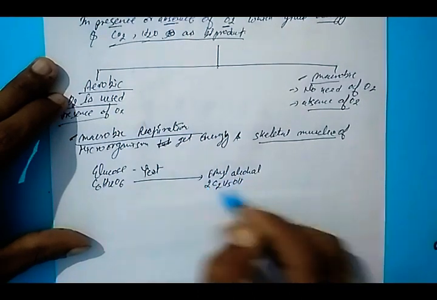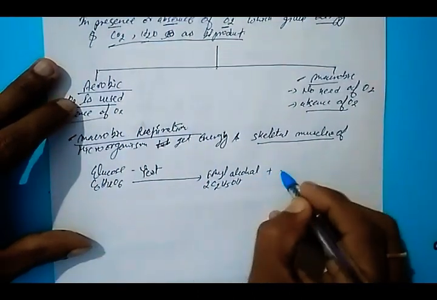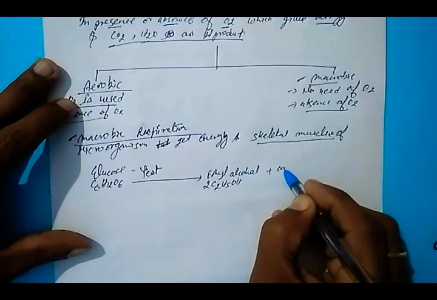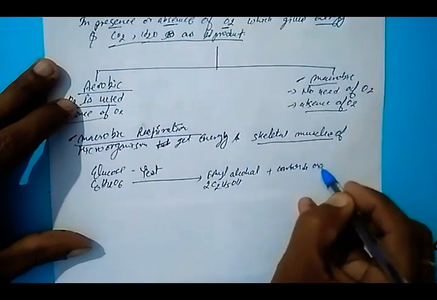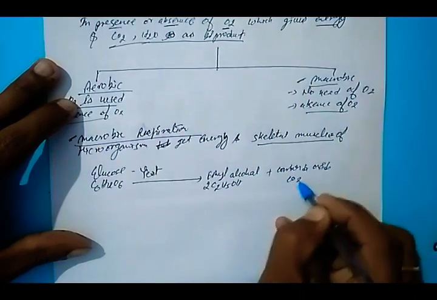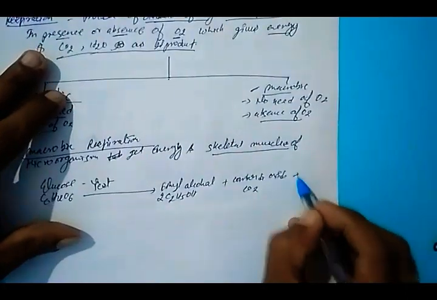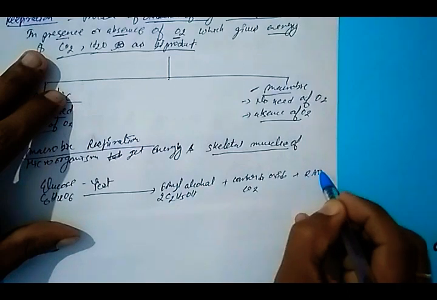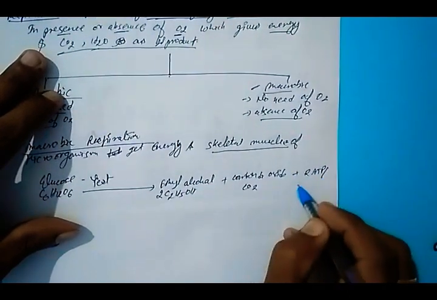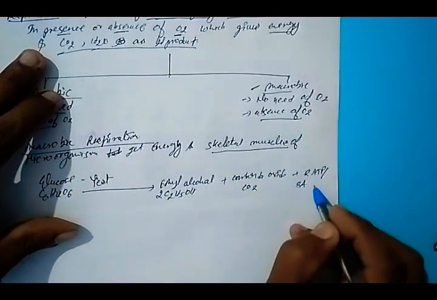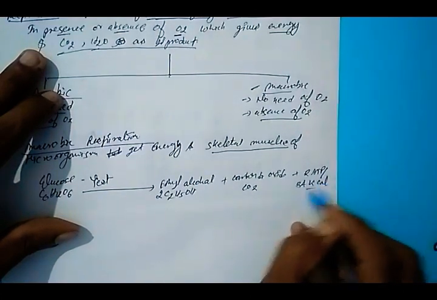Two molecules are produced, plus carbon dioxide, CO2, plus 2 ATP molecules are produced, which are similar to about 34 kilocalorie.